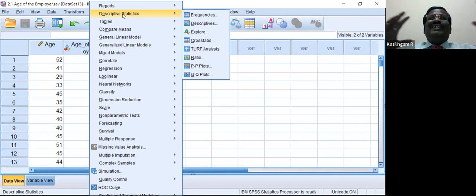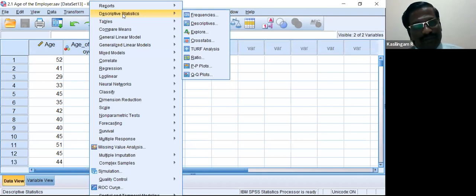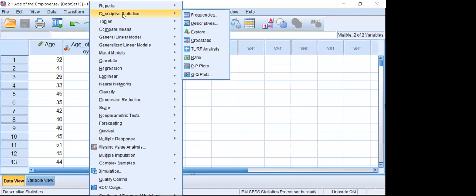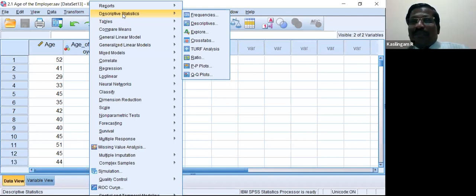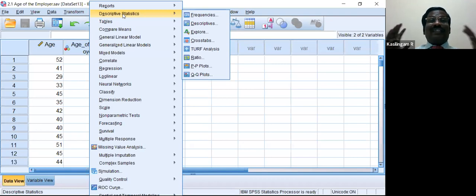Measures of dispersion, how the data disperse, how that deviation, how the spread of the data. Distribution, how it is distributed. We can find out three things.